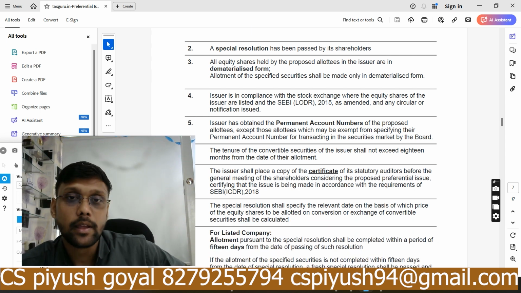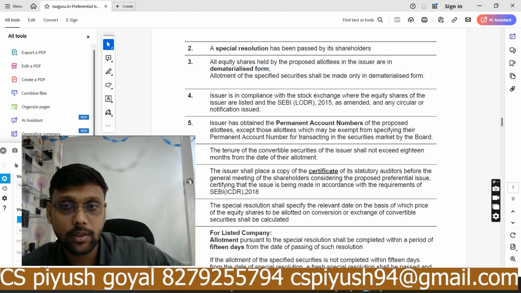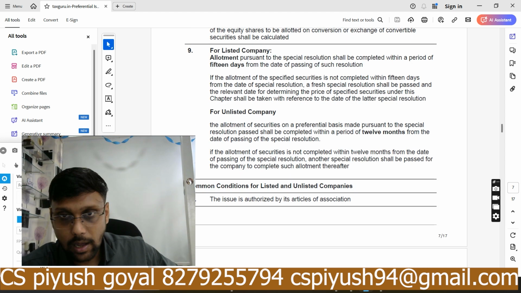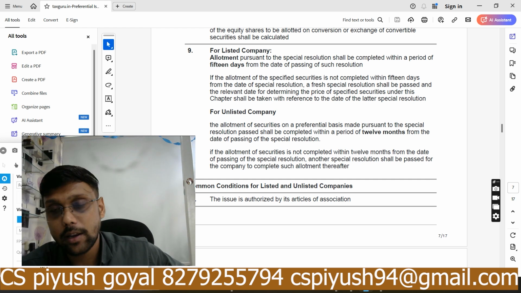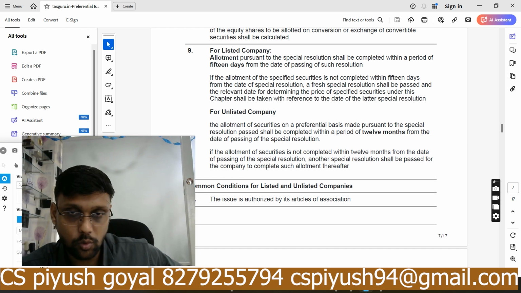Seventh requirement, the issuer shall place a copy of the certificate of the statutory auditor before the general meeting of shareholders considering the proposed preferential issue. These are the mandatory requirements which the issuer company will take care of before planning that kind of issue.